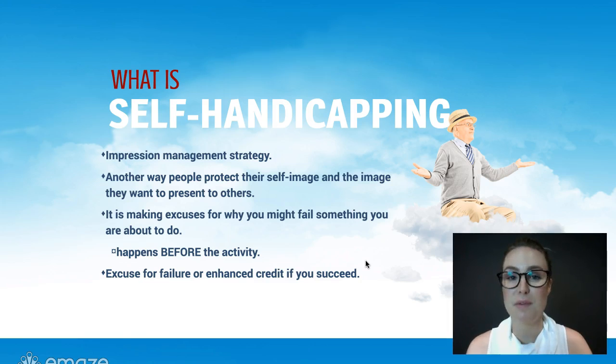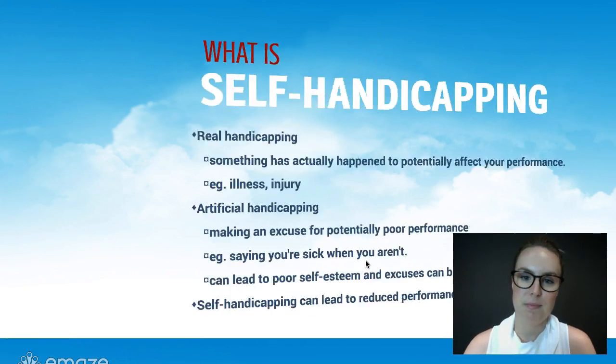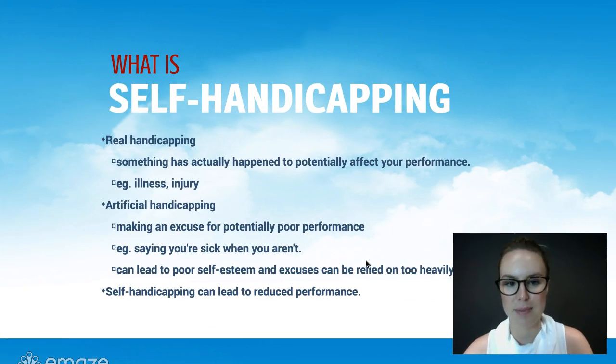Okay, so this happens before the activity, before you've even succeeded or failed. Self-handicapping happens before, and it's an excuse for failure. So if you fail, well, you've got an excuse because you've already self-handicapped, or if you succeed, well, you just get even more credit.